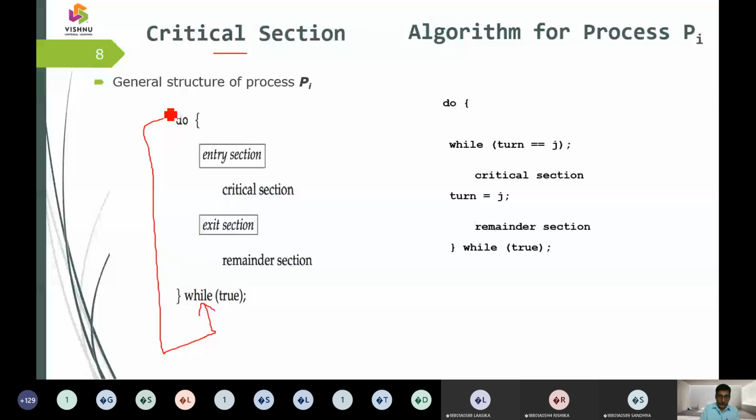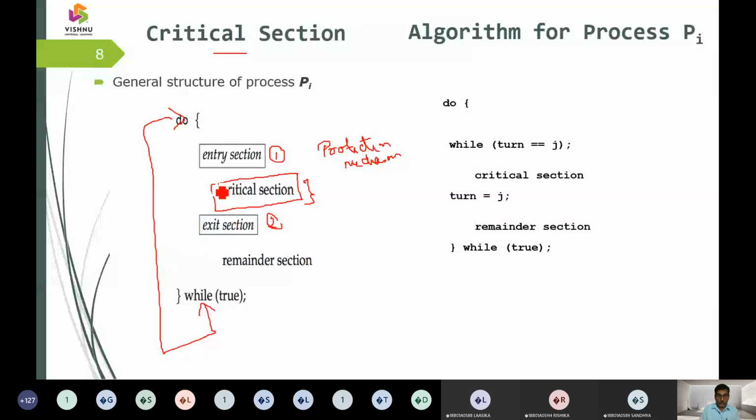A critical section is going to have some protection mechanism, and this protection mechanism has two elements. One we call an entry segment, and the other we call an exit segment.